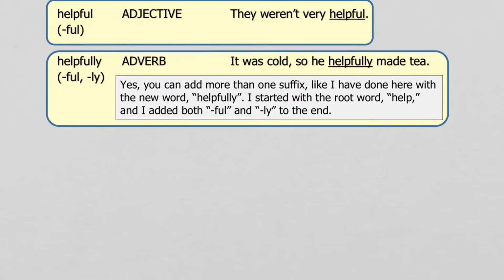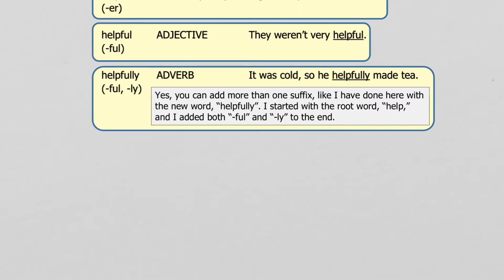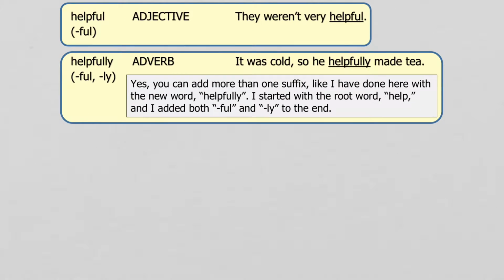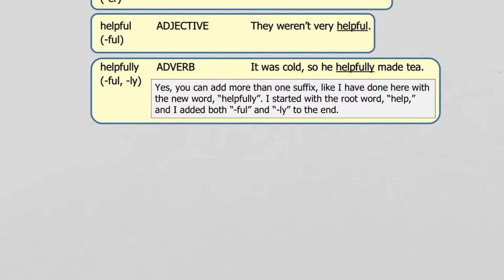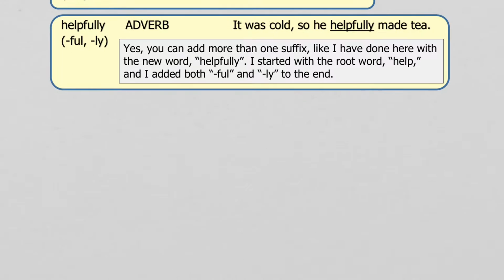Helpful. If we add ful, we end up with H-E-L-P-F-U-L, helpful, and we get an adjective. In a sentence, they weren't very helpful. Last example. Now in this example, you might notice it or you might not, but I've actually added two suffixes.